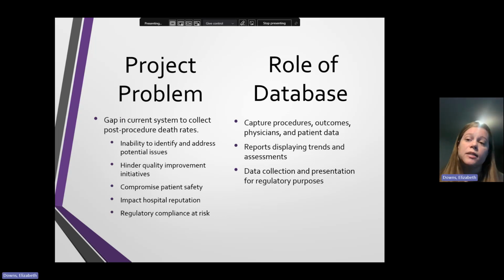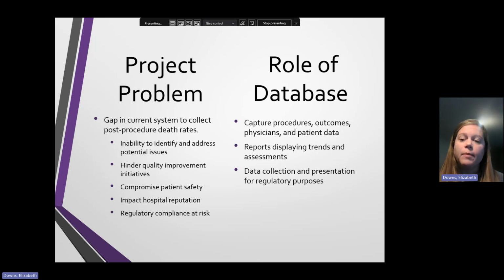In the United States, at least 100,000 people die annually following elective surgeries. As a part of the planning phase of the SDLC, the purpose of this database project is to address the inefficiencies in monitoring and improving patient care related to post-procedure death rates within the healthcare system.